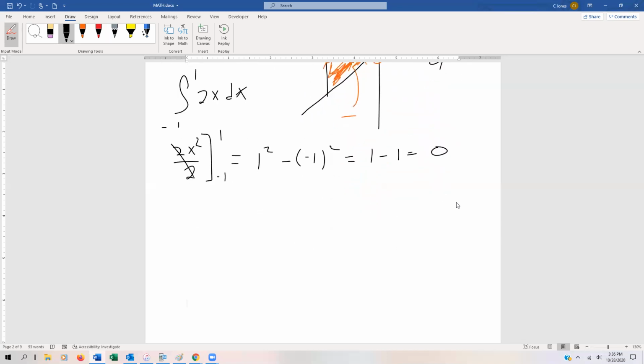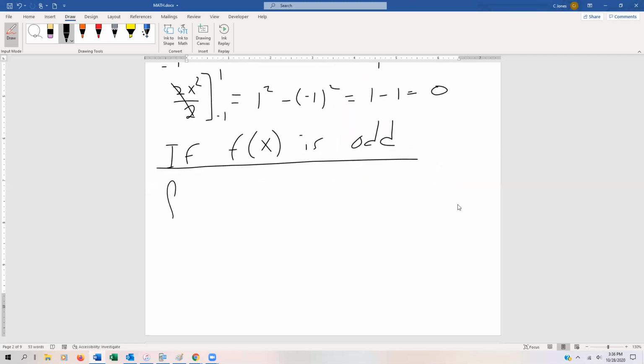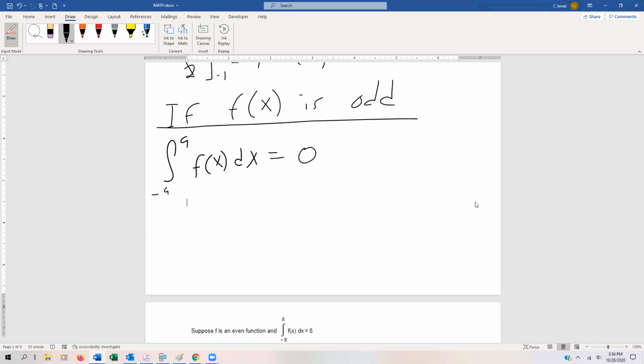So the odd theorem suggests that if a function f of x is odd, then the integral from -a to a of f of x dx is just equal to 0. And just a review of some odd functions.